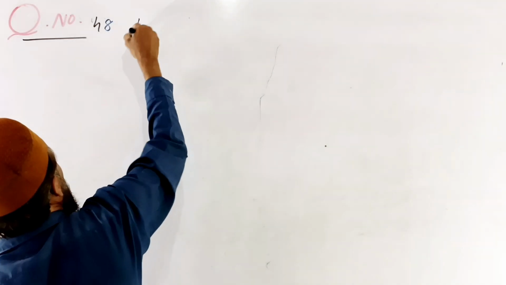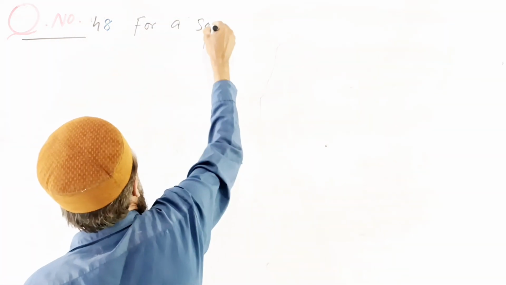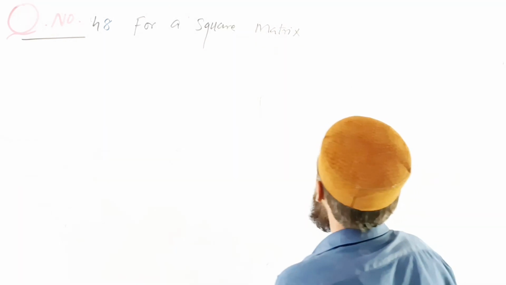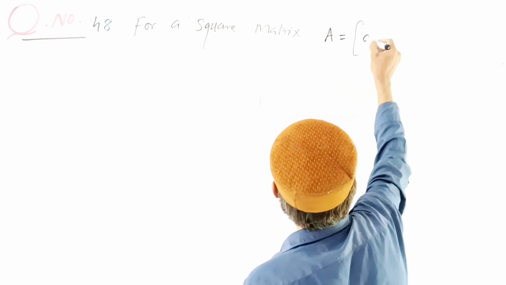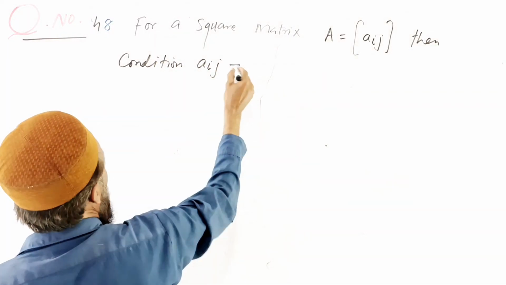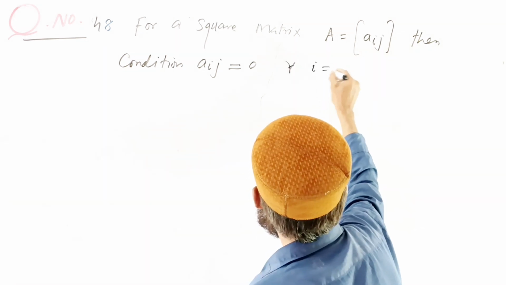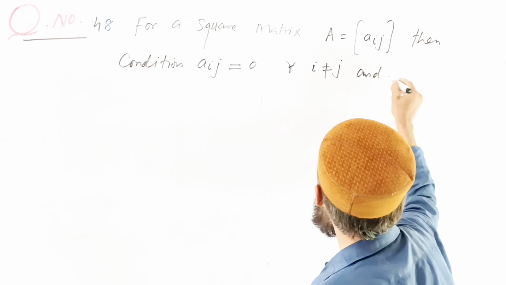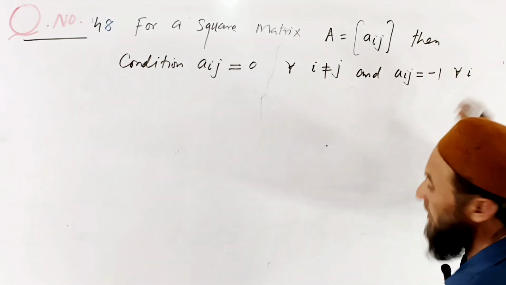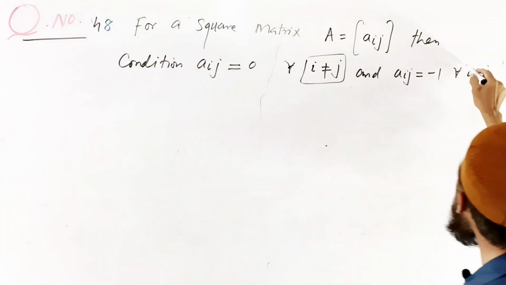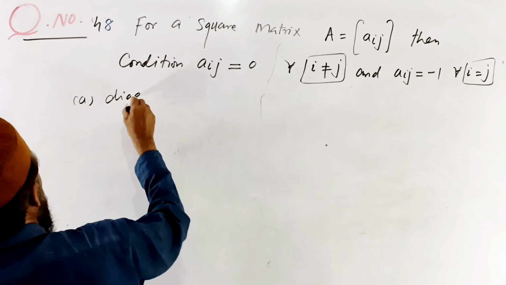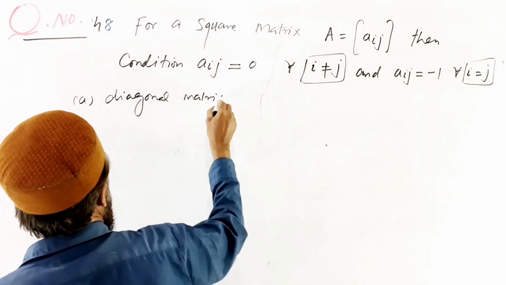For a square matrix A equal to aij, aij is equal to 0 for i not equal to j, and aij is equal to 1 for i equal to j, and aij is a matrix.